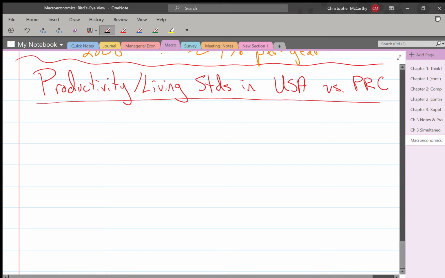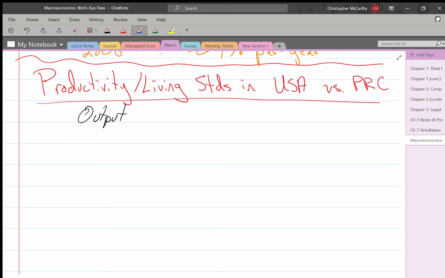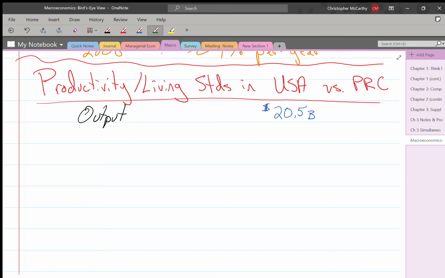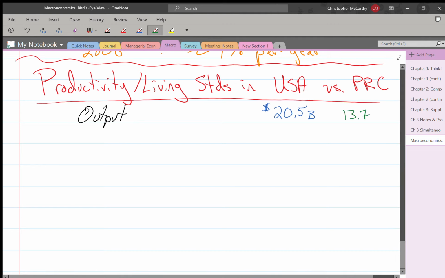So the United States had an output in 2018 of about $20.5 billion. China had an output of 13.7. The population of the United States is 327 million compared to 1.4 billion in China.